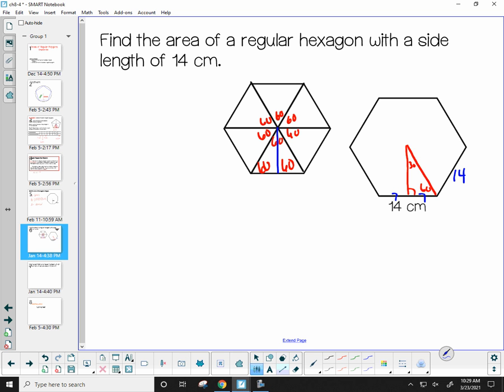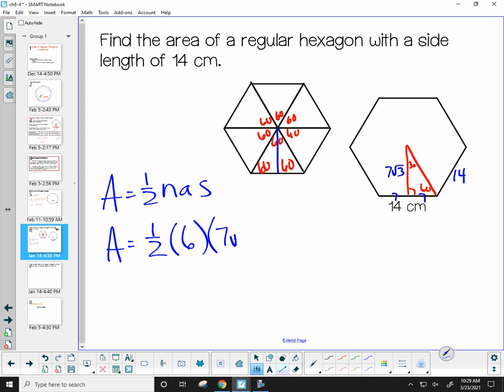So now I can find my apothem, which is the long leg. So I get 7 radical 3 for my apothem. I'm just using that special right triangle there. Okay, so now I can do my formula. Area equals 1/2 NAS. So I have 1/2. How many sides do I have? 6. My apothem length, 7 radical 3.